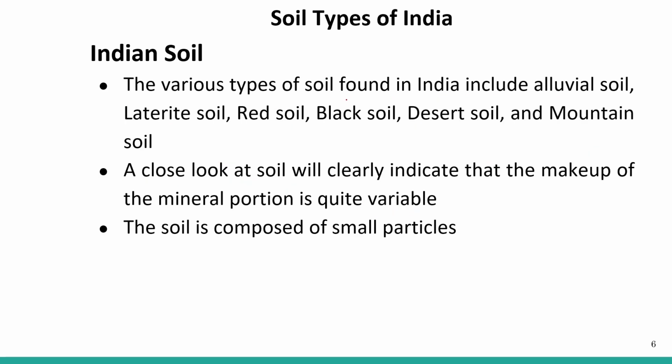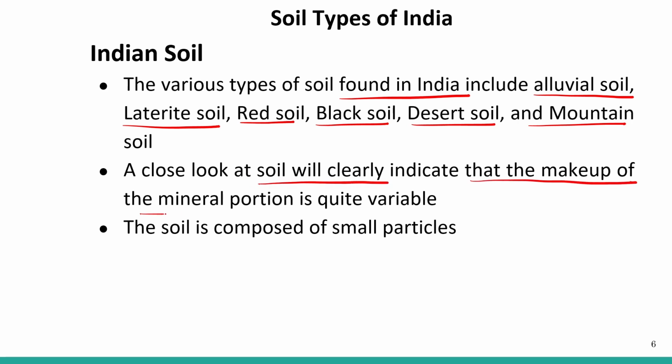The various types of soil found in India include alluvial soil, laterite soil, red soil, black soil, desert soil and mountain soil. A close look at soil will clearly indicate that the makeup of the mineral proportion is quite variable.